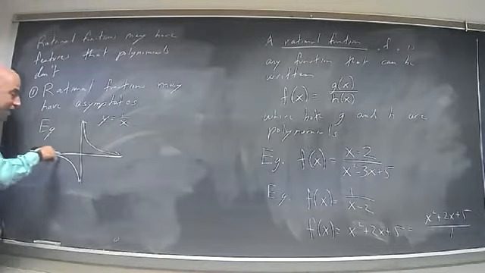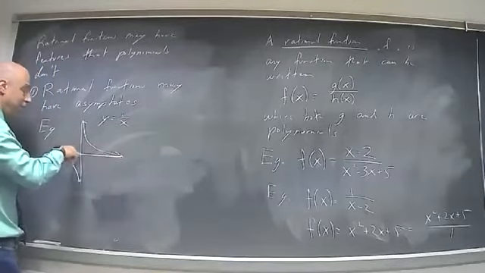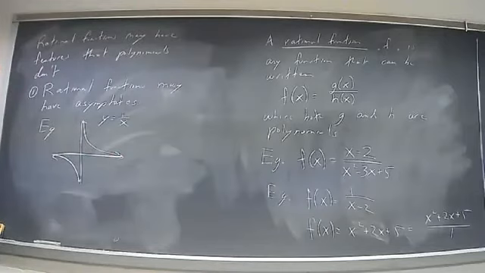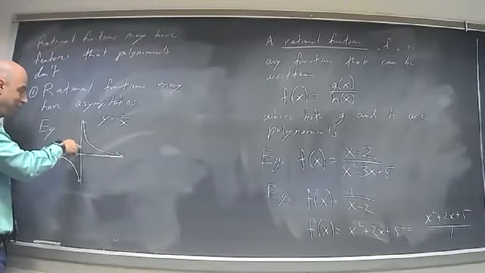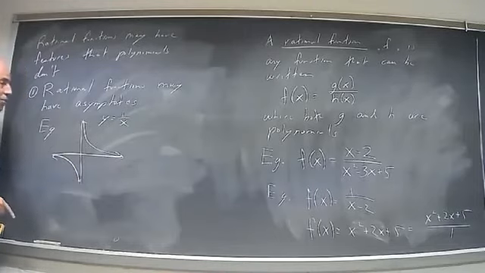And the x-axis happens to be what's called a horizontal asymptote. It's a line that the curve gets closer and closer to. And the y-axis happens to be a vertical asymptote. Again, it's a line that the curve gets closer and closer to.